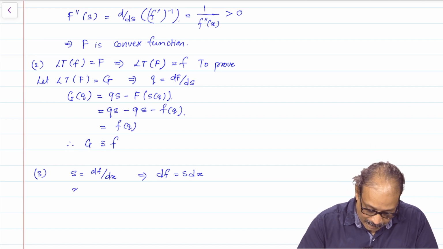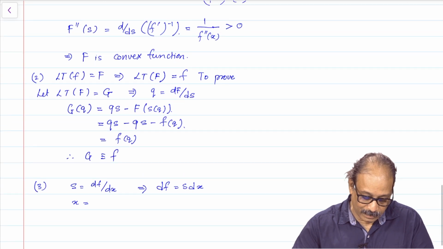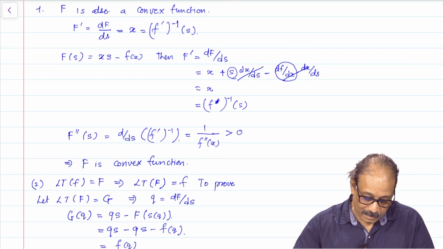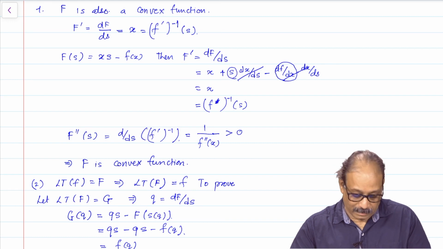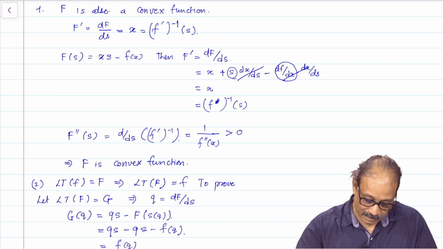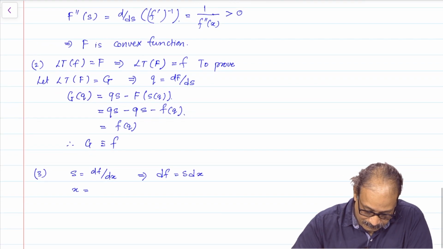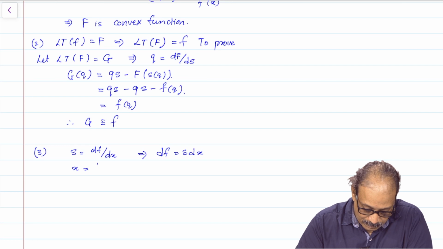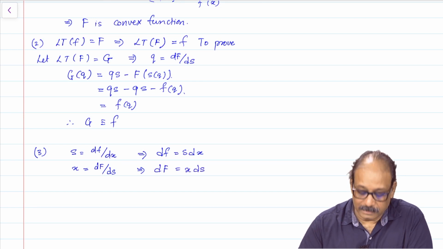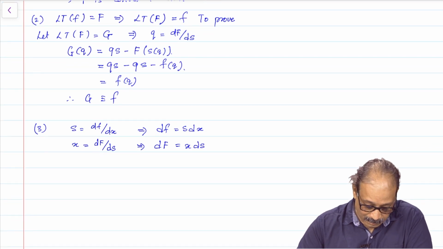So, variable x, remember while doing the earlier proof here, we have already shown that df by dx, df by ds is also equal to x, which means x is equal to capital dF by ds, and this gives you d of capital F is nothing but x ds.